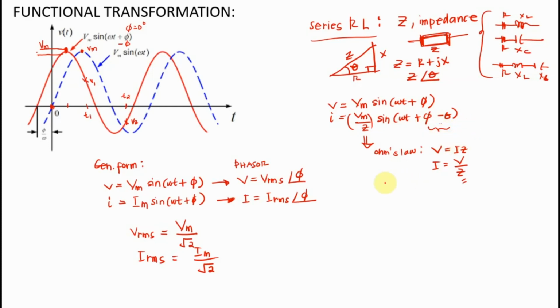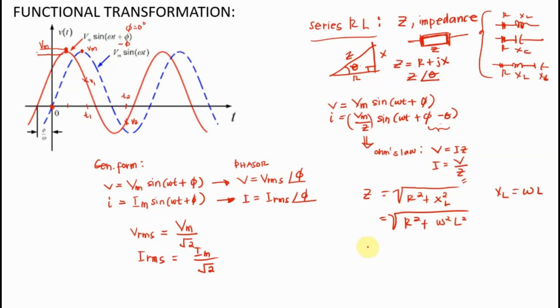You can also solve for Z. We know how to solve for Z, again by using the Pythagorean theorem. Using this right triangle, you have R squared plus XL squared, or, since XL equals omega L, R squared plus omega squared L squared.